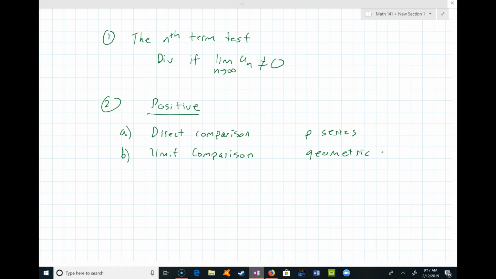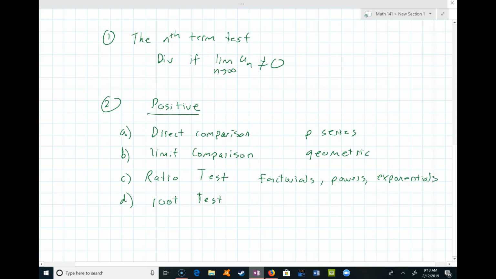And if neither one of those work, then my next step is to consider the ratio test or the root test. The ratio test is generally for when I have factorials, powers, and exponentials mixed together.